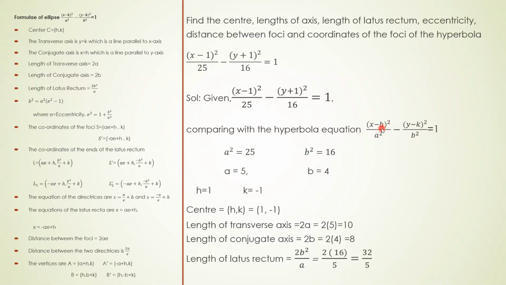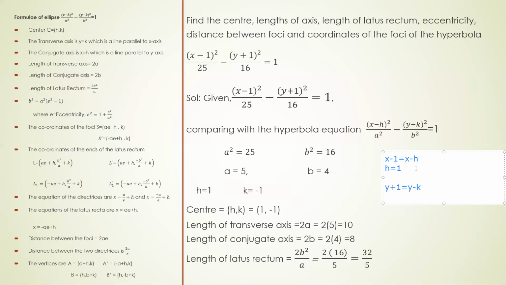Now regarding h value, you can just compare: x minus 1 with x minus h. So h value is equal to 1, because minus is there here and minus is there here. Similarly, when you compare the other one, y plus 1 is there in our given problem, whereas in the standard hyperbola equation it is y minus k.